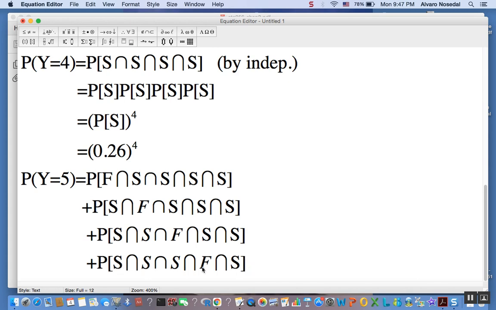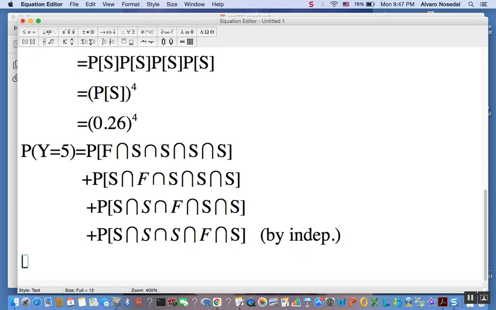And then here, from trials 1 to 4, we could have a failure somewhere there. Okay? Now, just like before, to find these probabilities, we're going to be using the assumption of independence. Then that's going to make our lives easier.